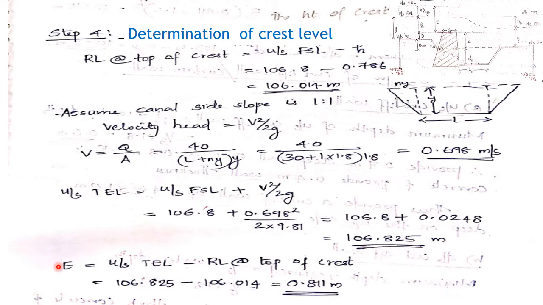Now we can find out capital E. See in this figure, capital E is the level difference between upstream total energy line and top of the crest wall, that is E is equal to upstream total energy line minus reduced level at top of the crest, that is equal to 106.825 minus 106.014, that is equal to 0.811 meters.